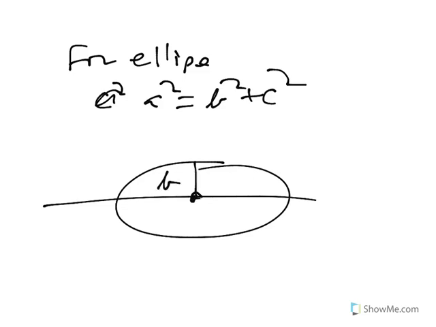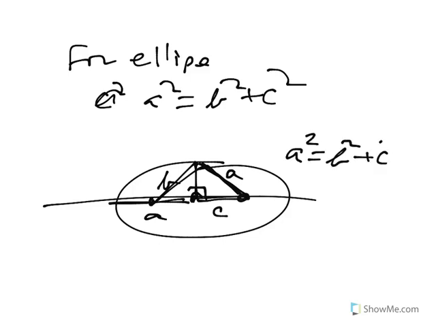If this is b, this is c, and this is a, because the magic number for an ellipse, the sum of the distances to the two foci, is 2a, if I were to draw two lines like this to make an isosceles triangle, they would add up to 2a, so individually each one would be a, and we'd have this nice right triangle with a, b, and c in it. a squared equals b squared plus c squared.